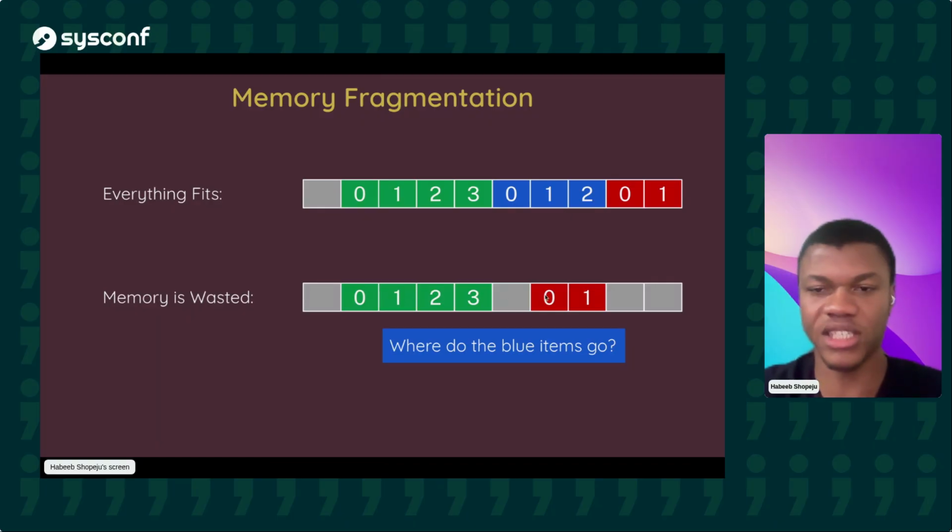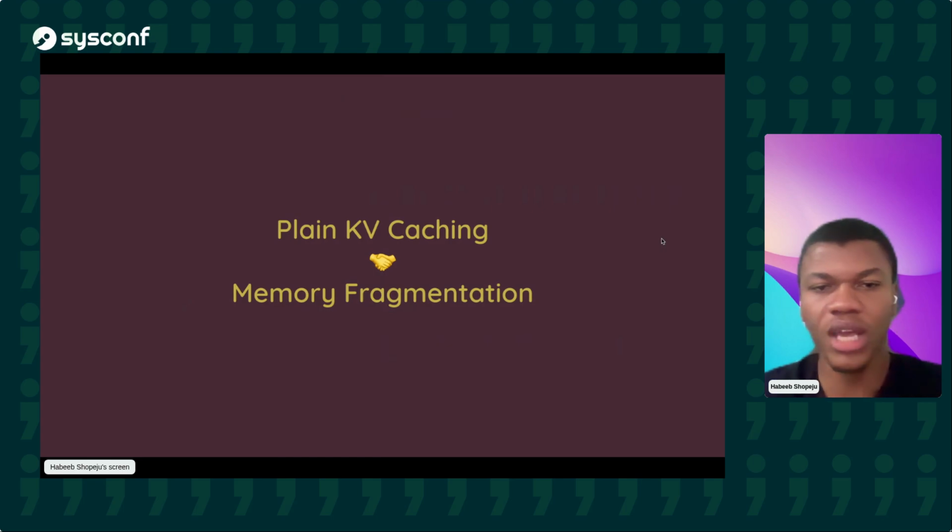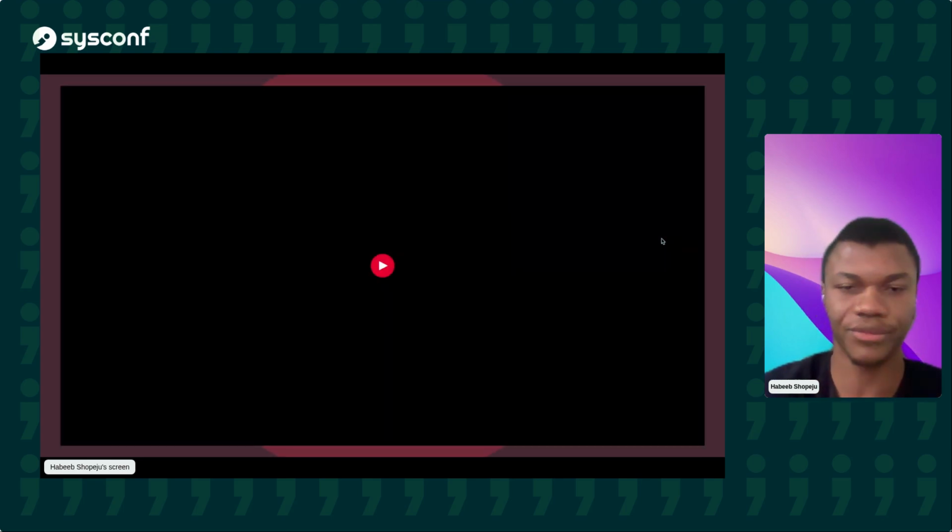Imagine if you have this instead. Where did the blue items go? There's space for it, right? So there's space for this here, but it's impossible to fit it in because now it's fragmented. It can't fit into contiguous memory as you'd expect. So the plain KV caching leads to memory fragmentation.